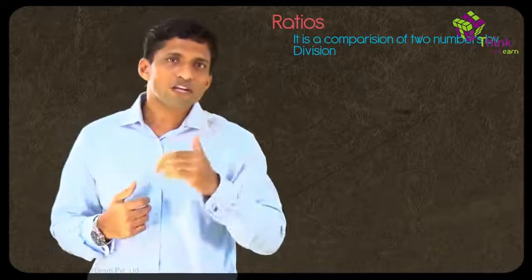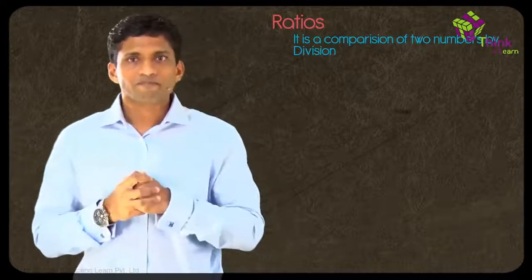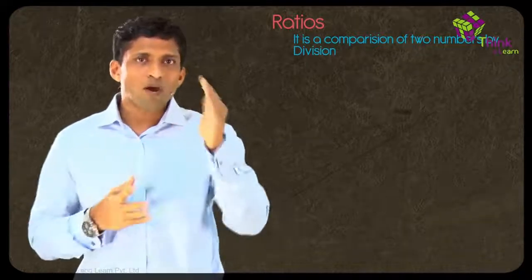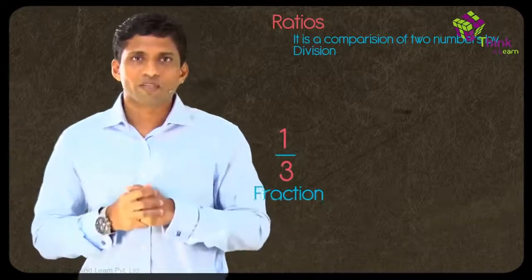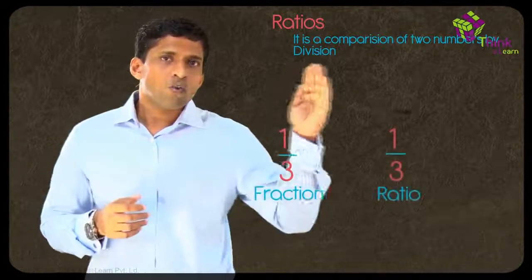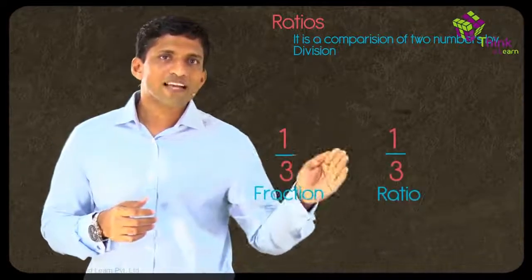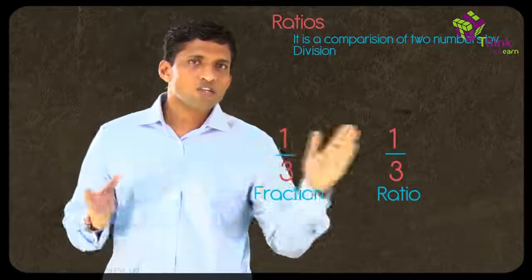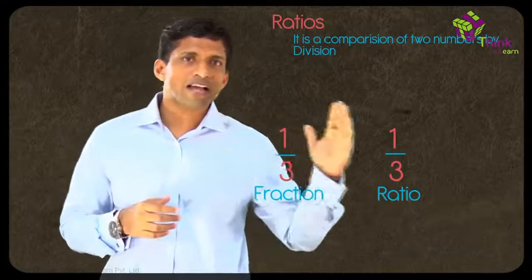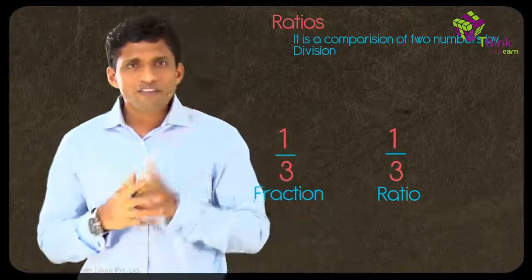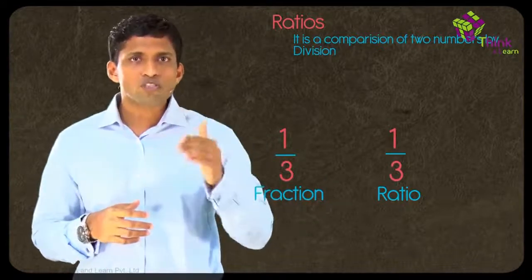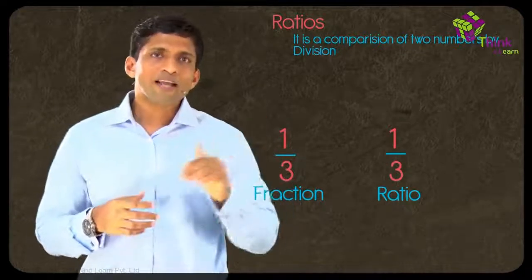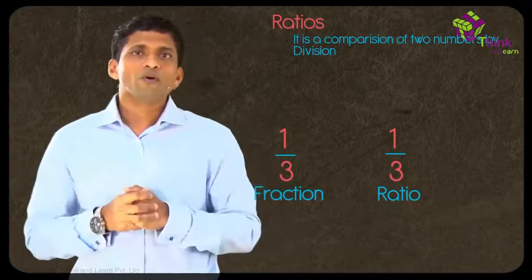Mathematically, that is, if I use numbers and if I represent 1 by 2 or let's say 1 by 3 here, 1 by 3 is a fraction. Now 1 to 3, if I represent it like this, is a ratio also. So using numbers, there is no difference between a fraction and a ratio. How they are different is only in the way we use them in words. So if we use words, 1 by 3, let's take a scenario.